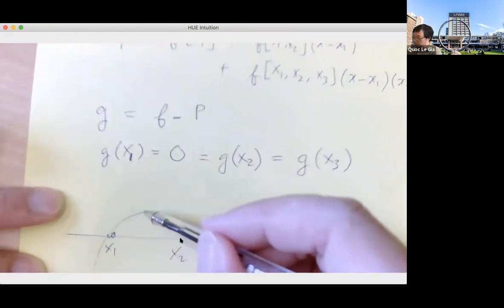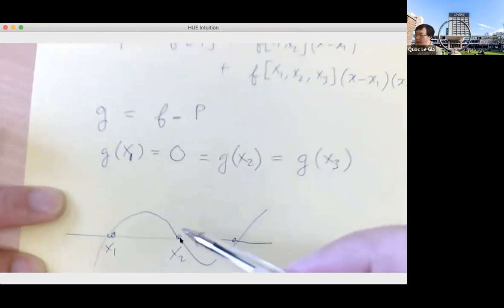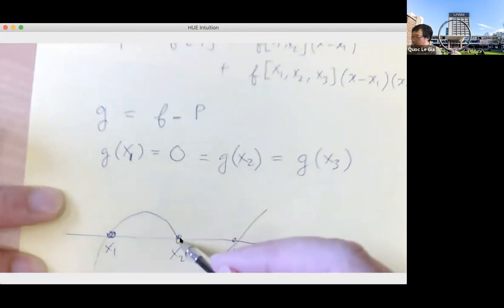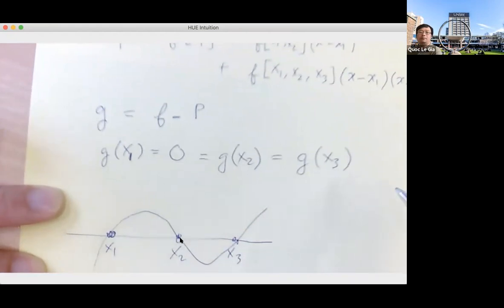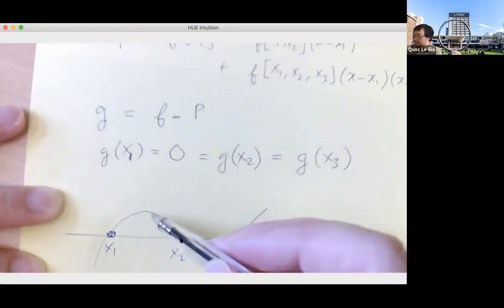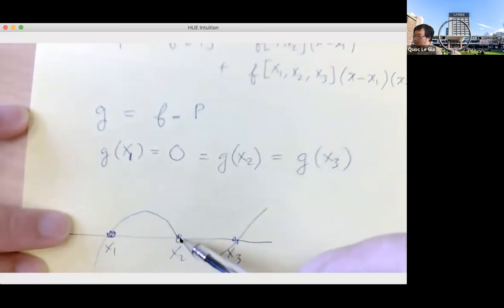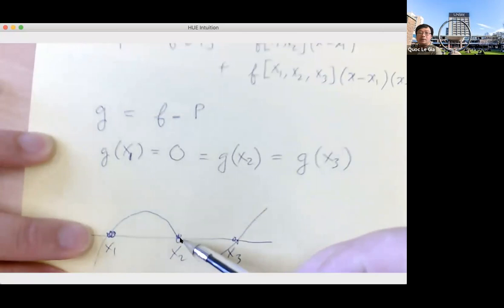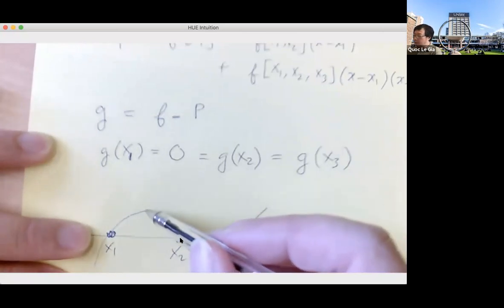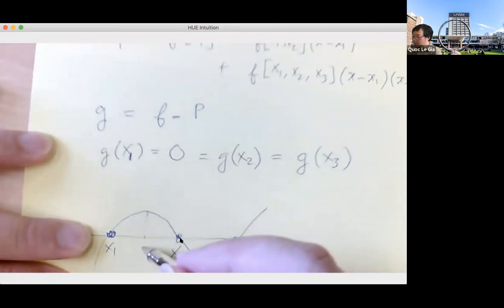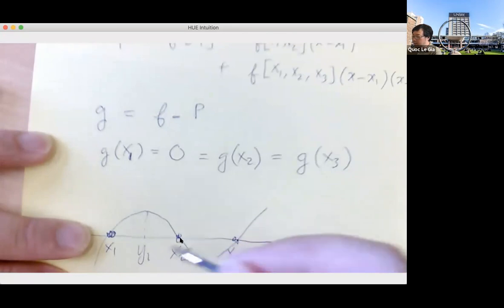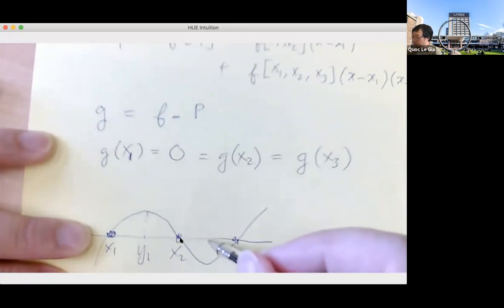I don't care about the values, but I know that at x1, x2, x3 it has to equal 0. And there's a theorem saying that if g(x1) equals 0 and g(x2) equals 0, then there's a point in the middle. I call it y1, and between x2 and x3 another point, y2.